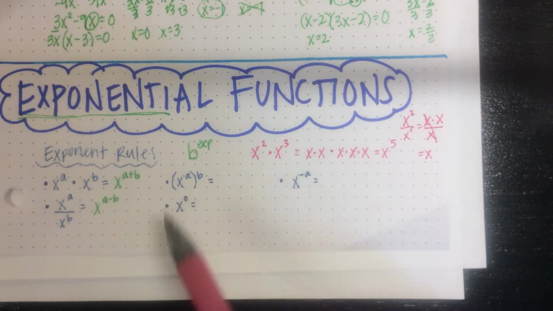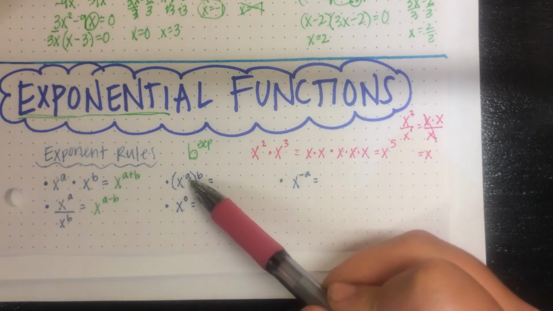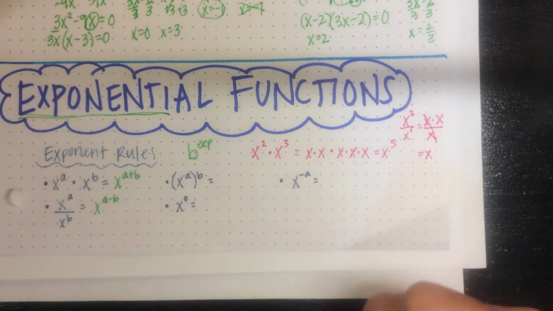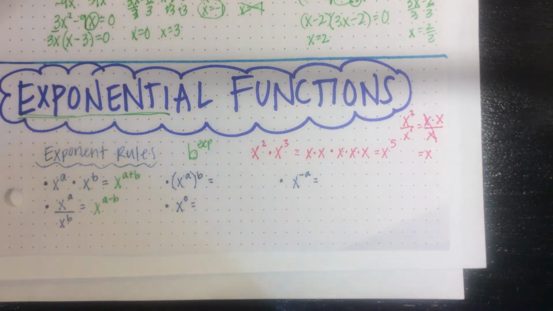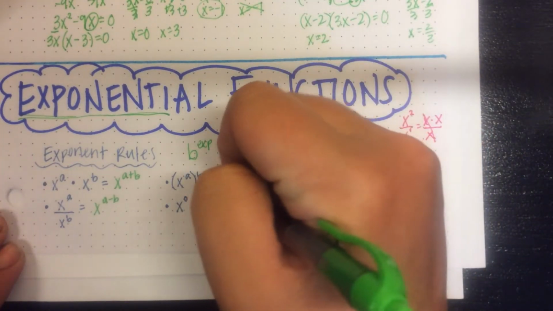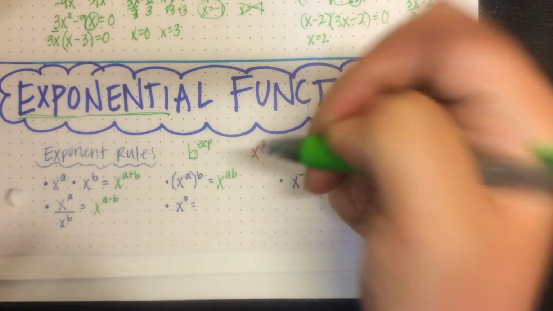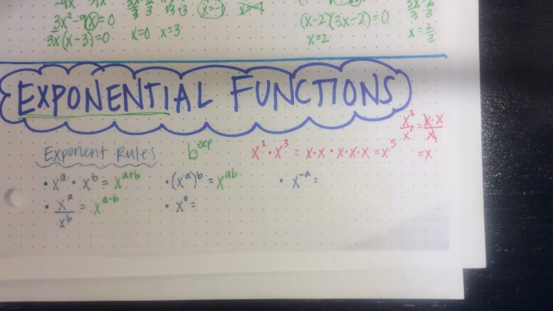All right, now if I have a base raised to a power, and that whole thing is raised to a power, so if there's parentheses between my exponents, my rule is that I multiply. So it's going to be x to the a times b.